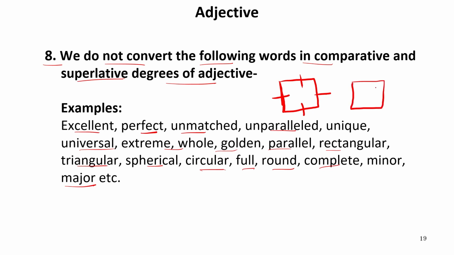All the sides are equal, but only this side is not equal to others. It means all other sides are equal, but not this side. So if only a single side is not equal, will it be a square? No, not at all. Because a square means that all the four sides should be equal.